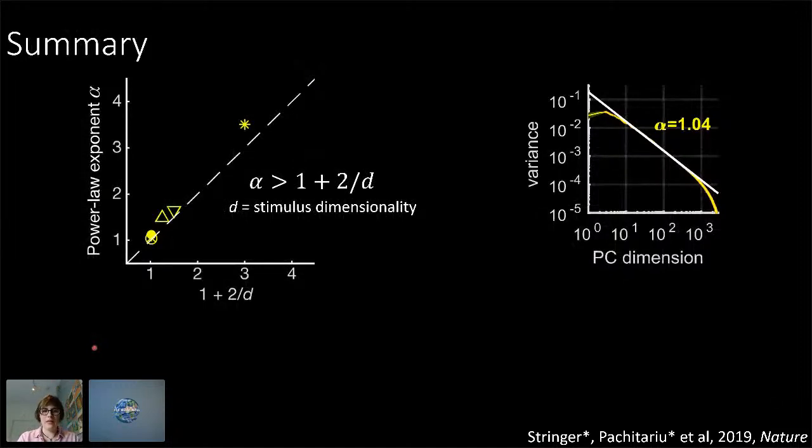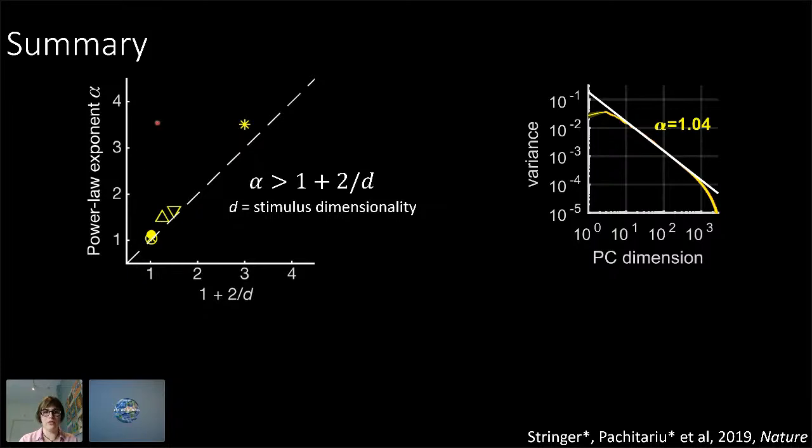So we found that this alpha, the power law exponent, so how quickly the eigenspectrum decayed, depended on the dimensionality of the stimuli. And so we have basically this bound, which is 1 plus 2 over d, where d is the stimulus dimensionality. So I'm plotting 1 plus 2 over d on the x-axis here.